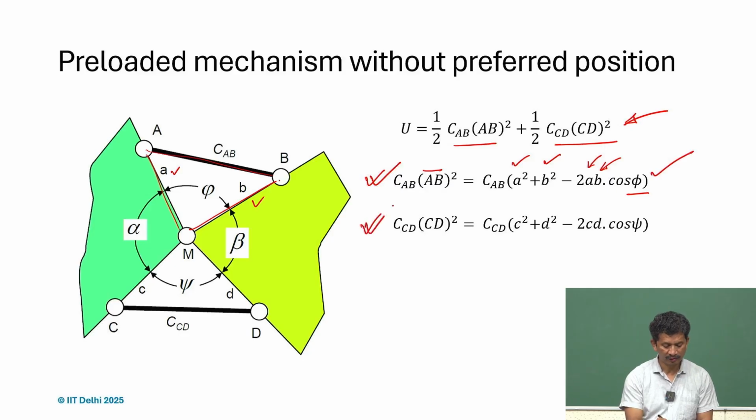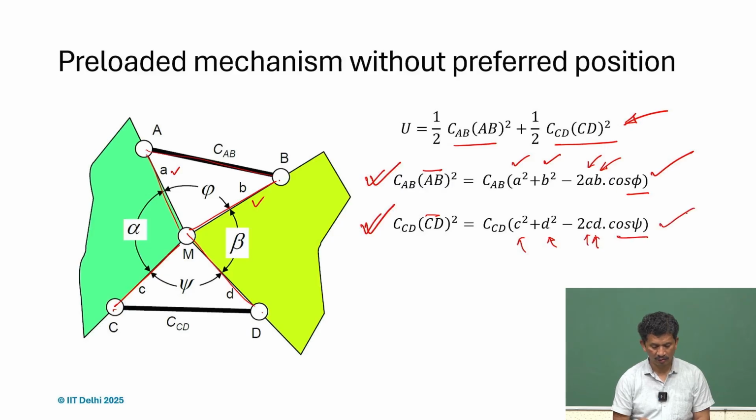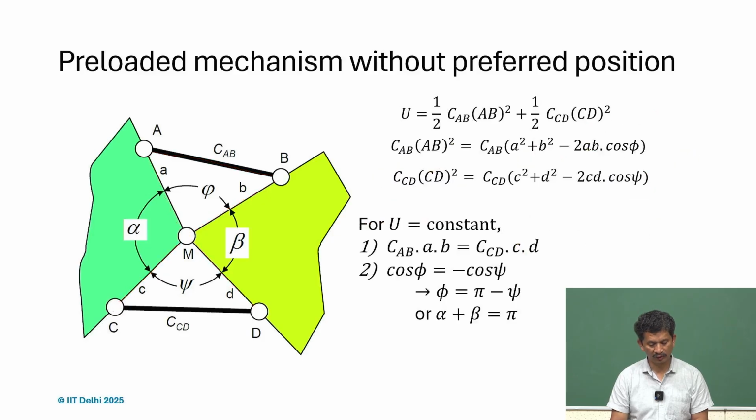Similarly, if we take the other triangle, CD square can be written as C square plus D square minus 2 C D cos psi. Remember that. This is from the geometry; we can refer to any geometry book and find how it's related. So we can substitute that here.